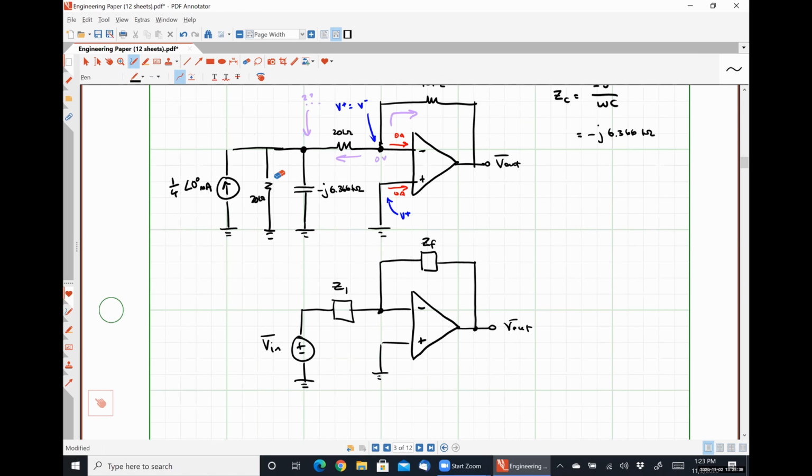With these guys in parallel, I could replace them with a single generic impedance, and I'm going to call this ZEQ1, where ZEQ1 would be 6.066 angle negative 72.343 degrees ohms. So I've made it slightly less complex. What could I do now?